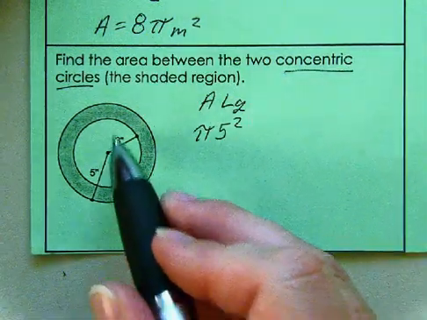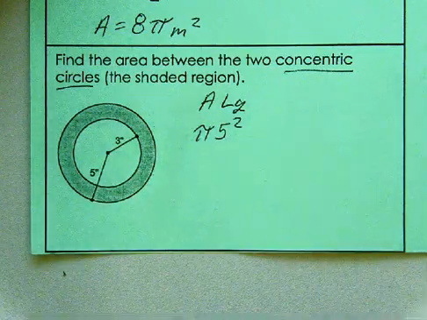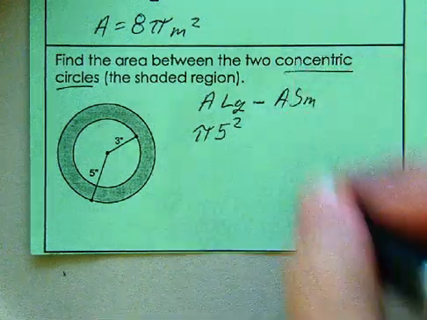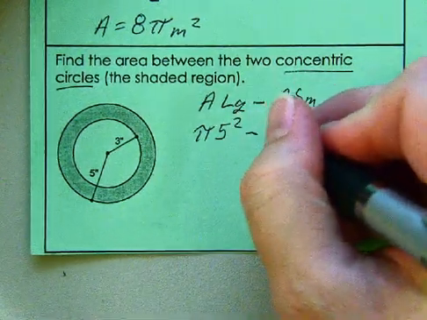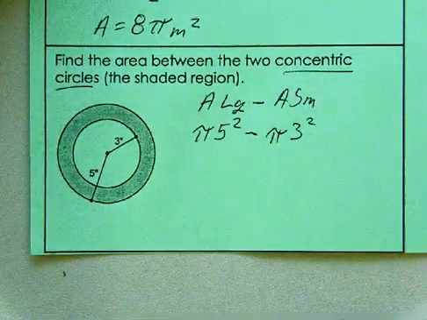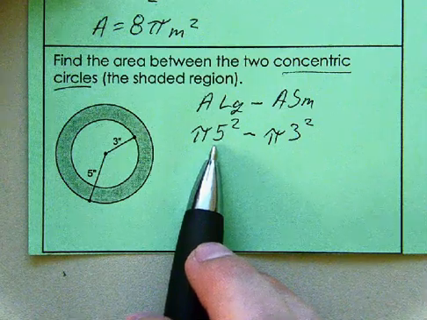To figure out just the shaded piece, we're going to cut this center part out, kind of like you would a donut. So we're going to subtract the area of the small one. So subtracting pi, the radius of the small one is 3, so 3 squared. All right, so then moving on here, we're going to simplify these exponents.